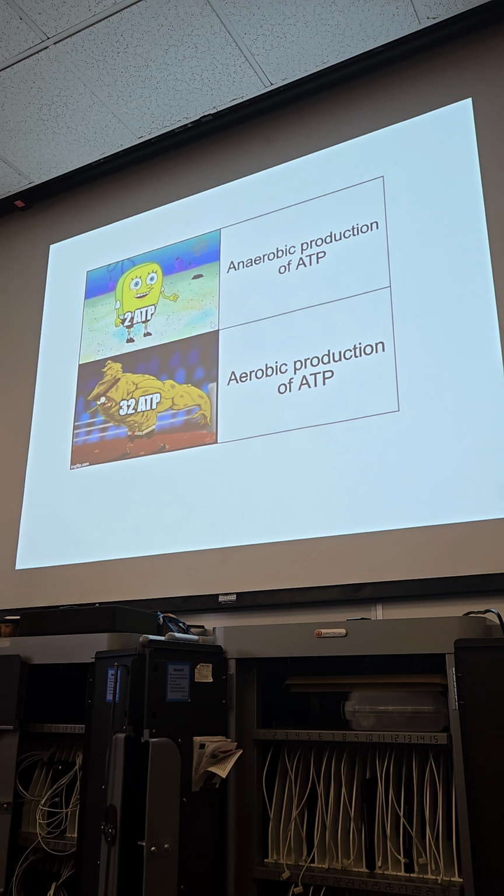You should be okay understanding the reactants, products, and how things work with glycolysis and Krebs by the end of today.